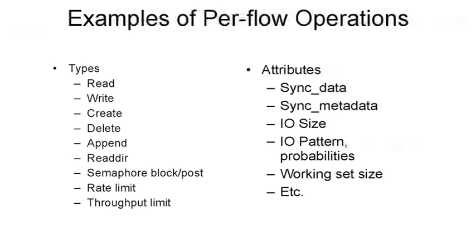Your basic read and write, create a file, delete a file, append to a file. And you can now make and delete directories, read directories. The semaphore is the very flexible blocking system that I was mentioning. There's also a couple of different ways of limiting things by rates and by throughputs. All of these things are parameterizable with attributes, exact attributes depending on the particular flow op.